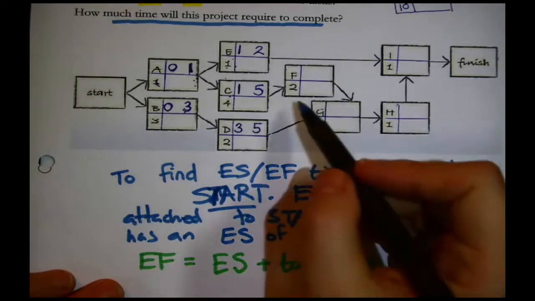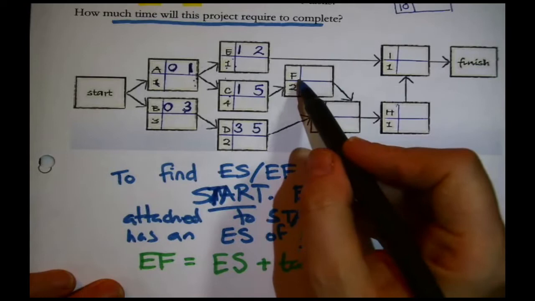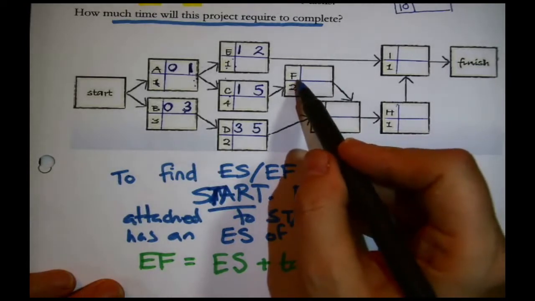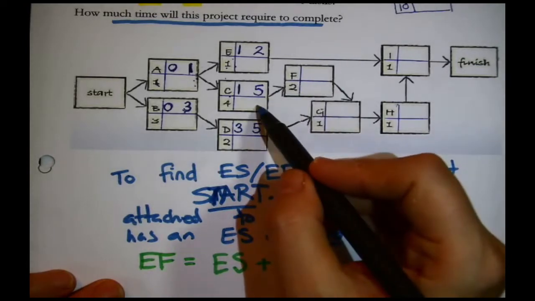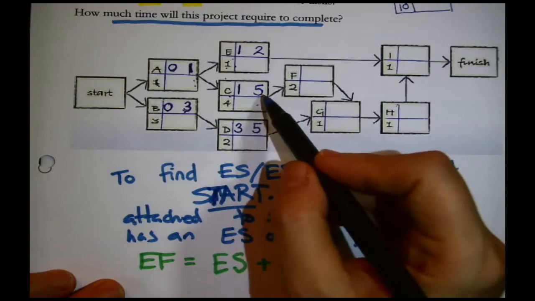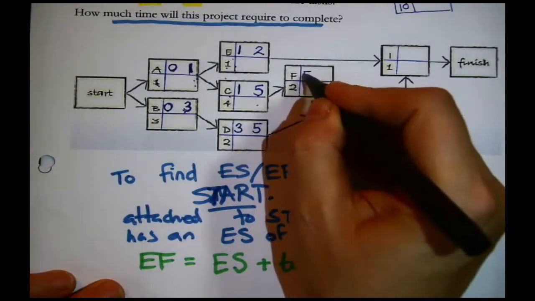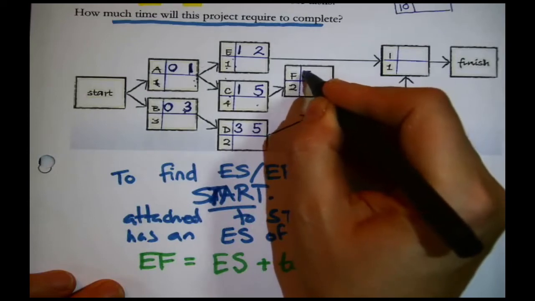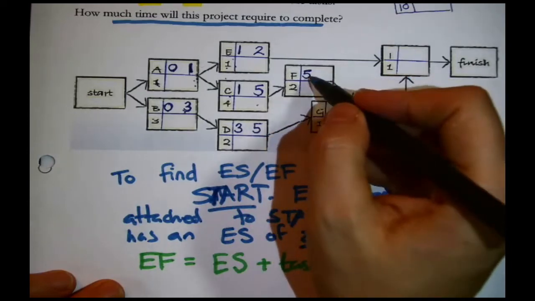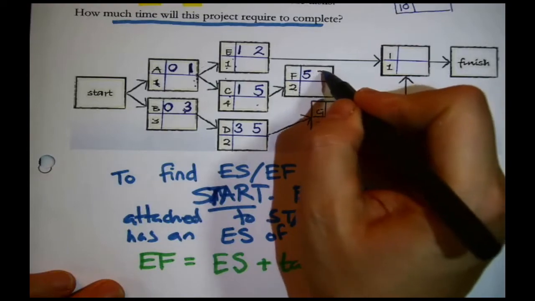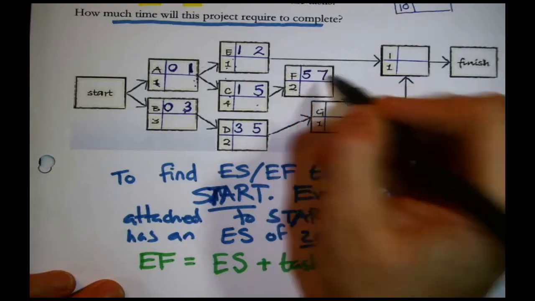I'm looking at F. F is painting the stage. F can start as soon as C, building the stage, is finished. Building the stage will be finished at the earliest in 5 days, so, pass the number forward, that is the absolute earliest we could start painting the stage. 5 days. 5 plus 2, the absolute earliest we could be finished is in 7 days.